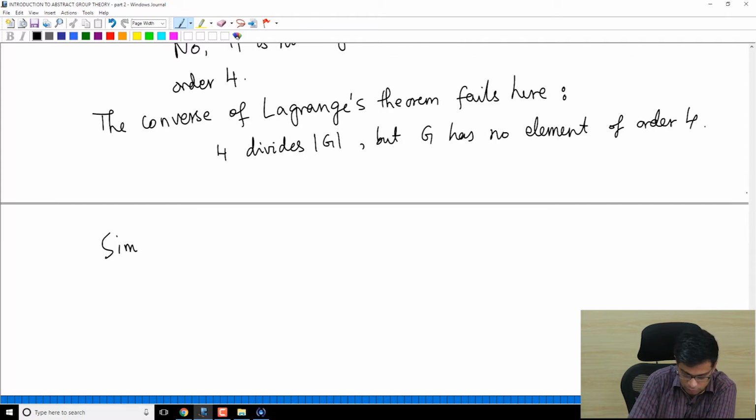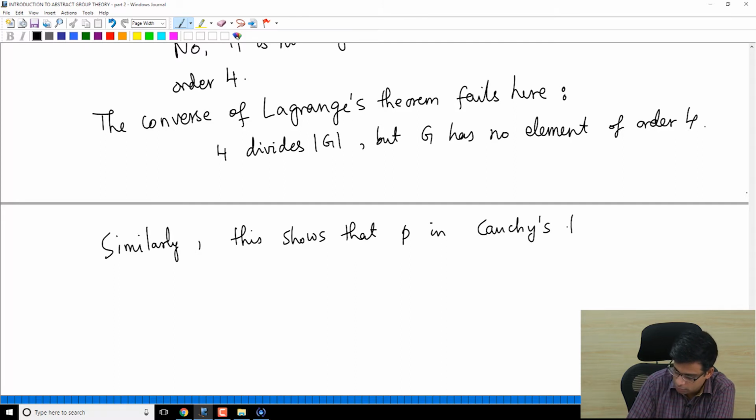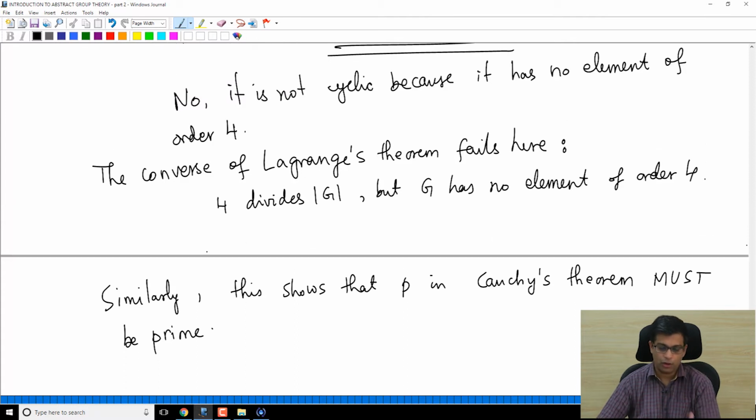Similarly, this example shows that p in Cauchy's theorem must be prime, right, because 4 divides the order of the group.